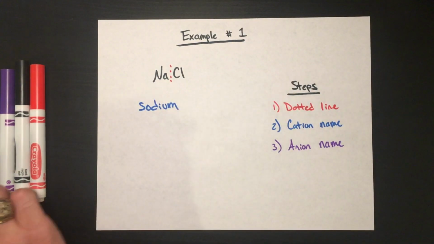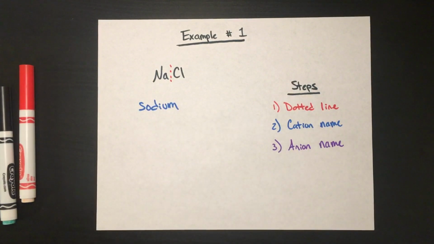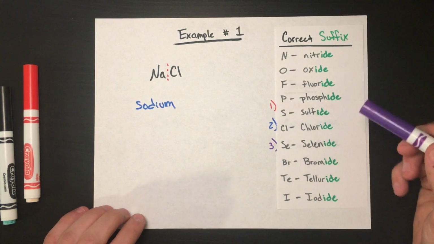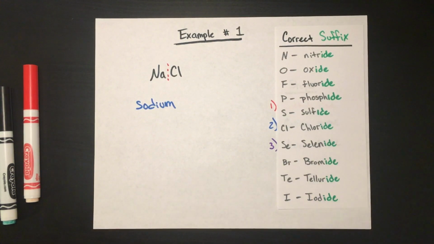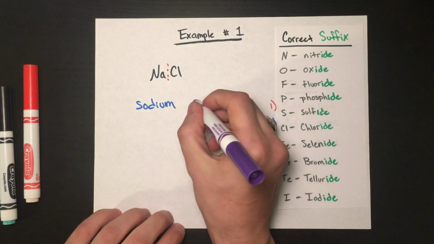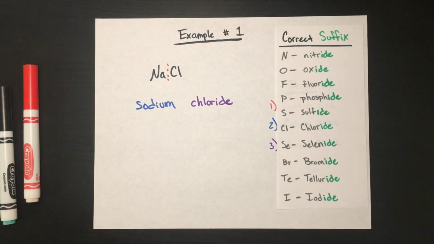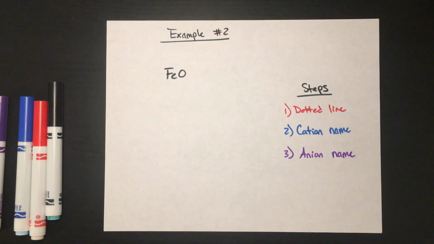And then the anion is chlorine. And so we'll look on our list here and see that chlorine is changed to chloride. And we're done. So this compound's name is sodium chloride.